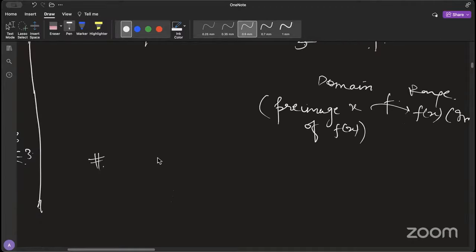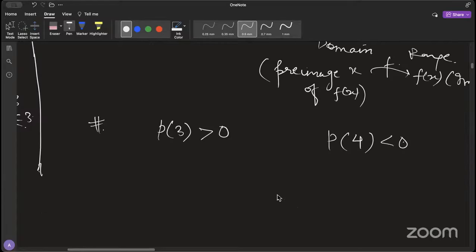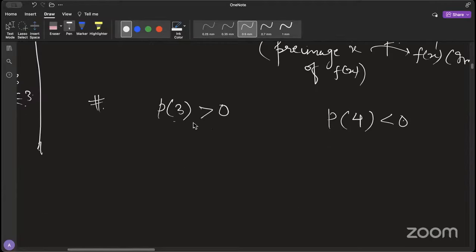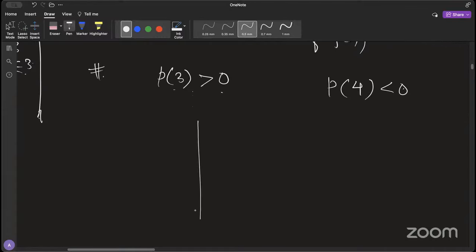And the consequence of this is, now let's say you have P3 greater than 0. Let's say P3 is greater than 0 and P4 is less than 0. That means P3 is a positive number, P4 is a negative number. It's like this.